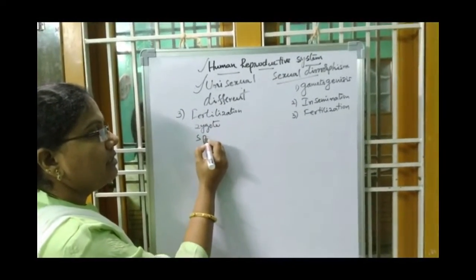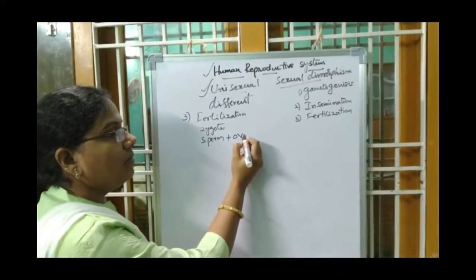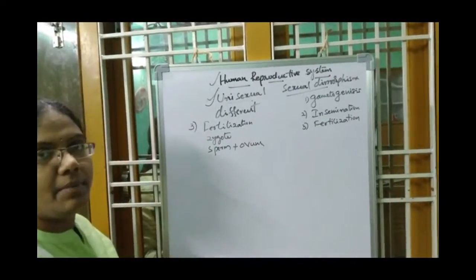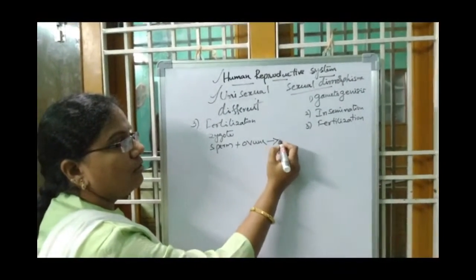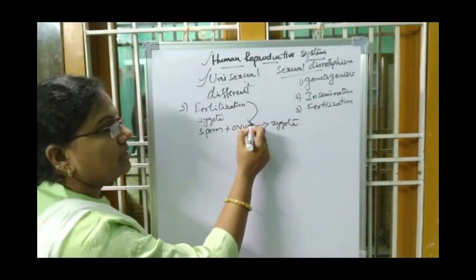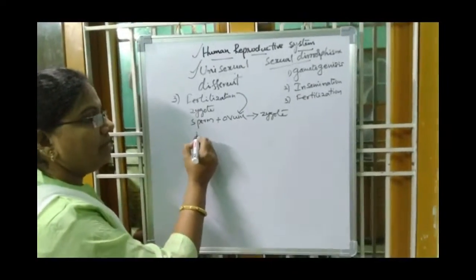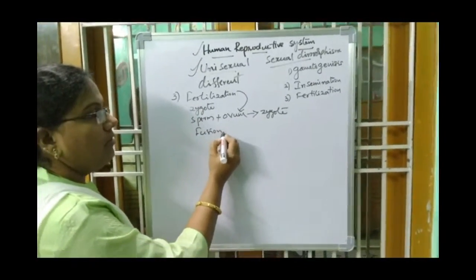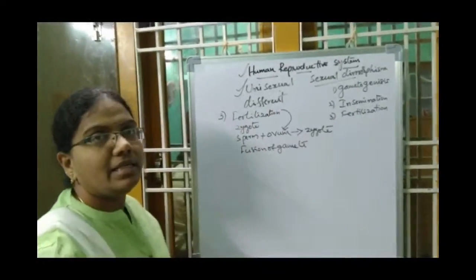It means sperm is a male gamete, and ovum or egg is a female gamete. Fusion of male and female gametes to produce a zygote is called fertilization.